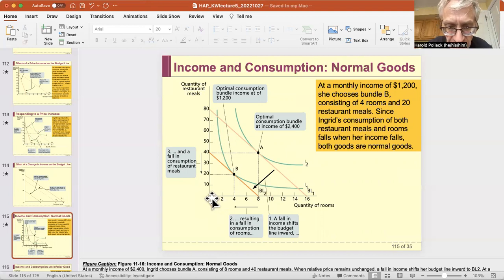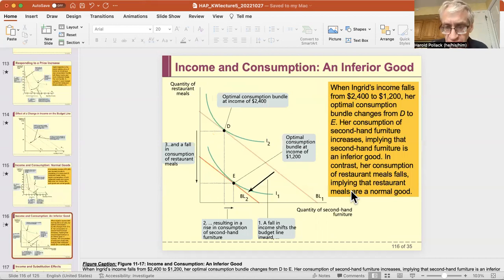And so if I drew a line from origin to B, it would basically also hit A. I'm not really changing the share of each of these goods that I'm buying as my income changes. That's one scenario, and that can pertain.